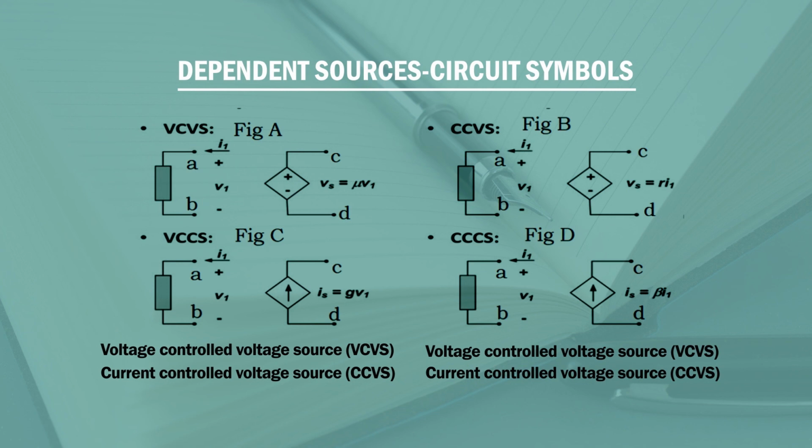That means the value of this current depends on the current of another branch which is flowing between terminal AB. So the value of current between terminal C and D in figure D is equal to beta I1, where I1 is the current flowing through terminal AB in figure D. So this is all about dependent sources, and circuit and symbols are shown in the following figures.